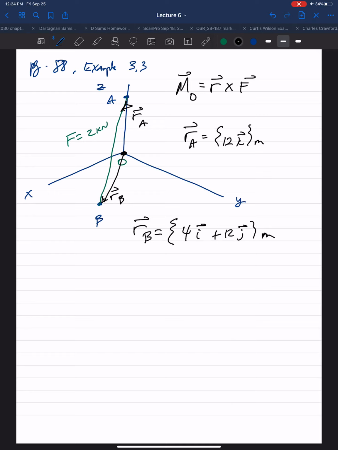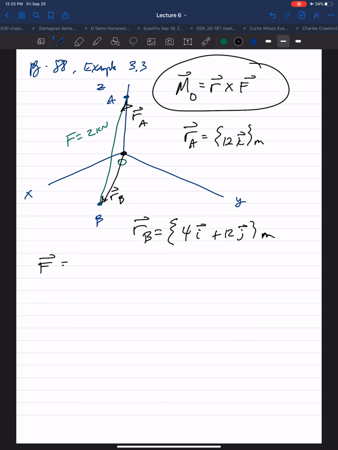So how do we express the force in Cartesian notation, since the moment requires that both the vectors and the force be expressed in that Cartesian notation? Magnitude and direction. They gave us the magnitude. How do we get the direction? Well, we've worked previously in chapter 2.